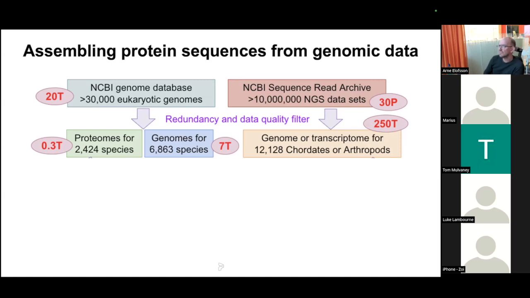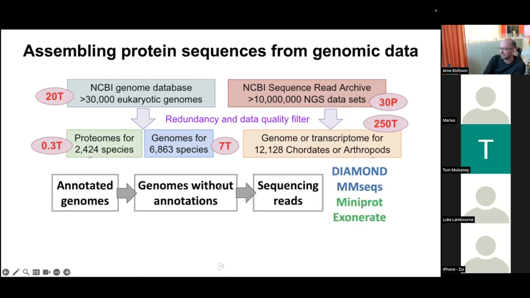But due to this genomic experience, and also because in my postdoc we also worked on genomics, we were able to build very efficient pipelines to mine all these genomic data sets and predict protein sequences from them. So we took this very large amount of data and tried to get useful information out of it. How did we do it?